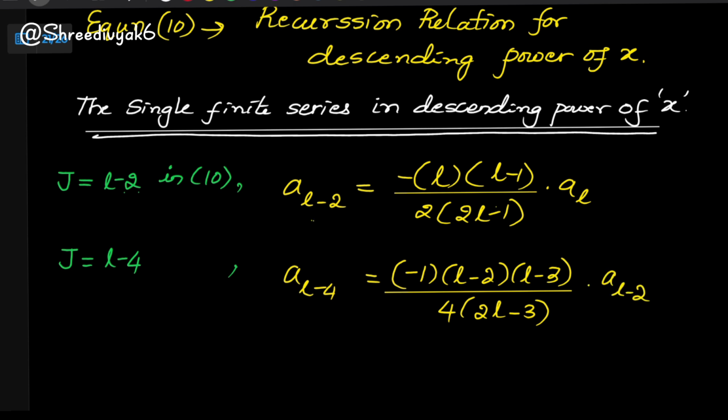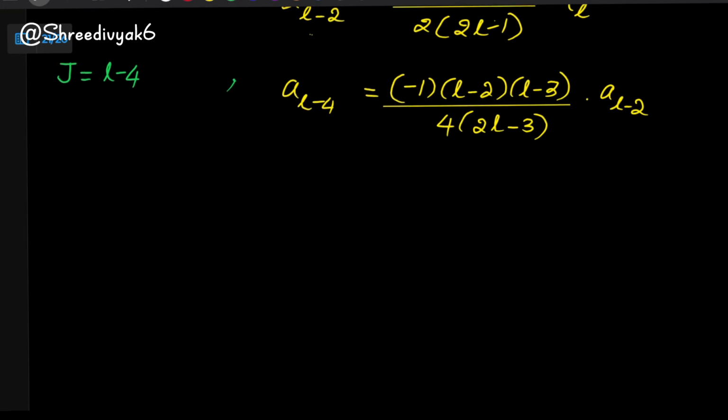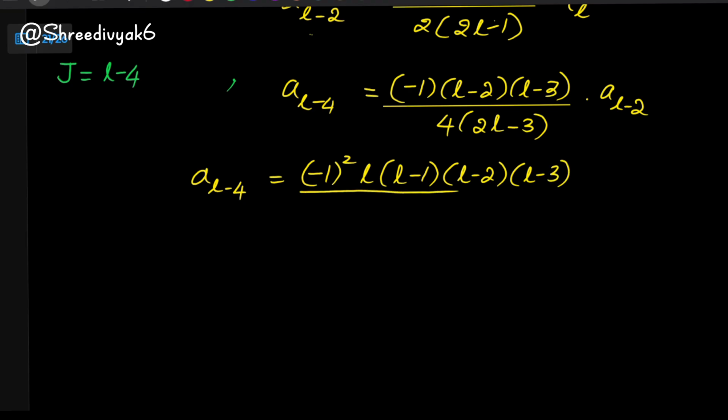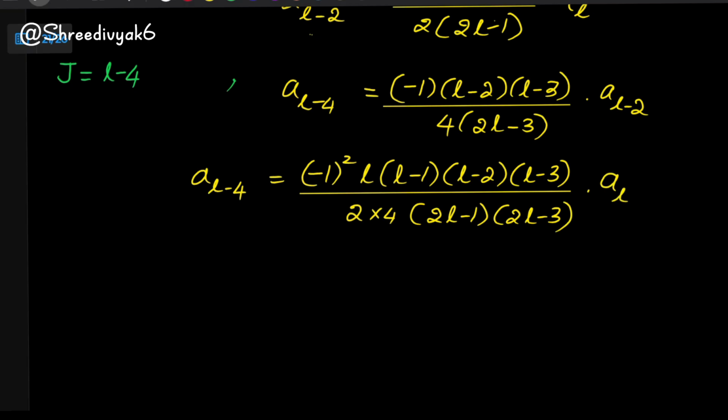I know the value of A L minus 2. Substituting it back, I will get A L minus 4 as minus 1 raised to 2 into L into L minus 1, L minus 2 into L minus 3 whole divided by 2 into 4 into 2L minus 1 into 2L minus 3 into A L.